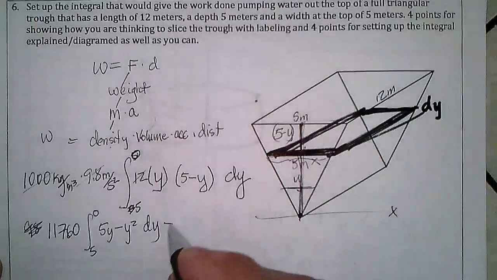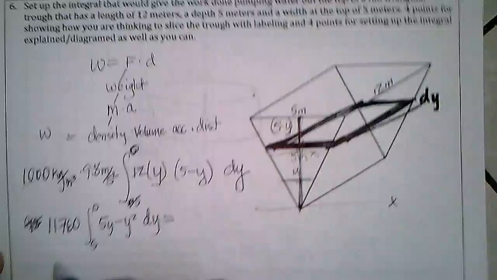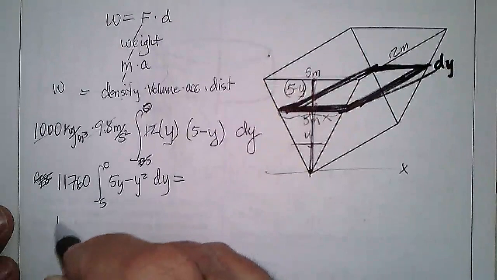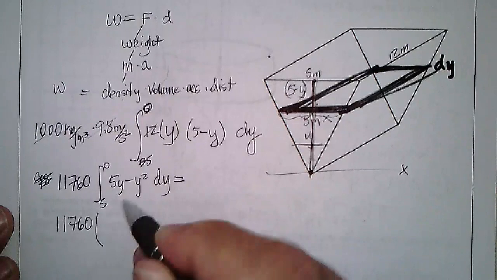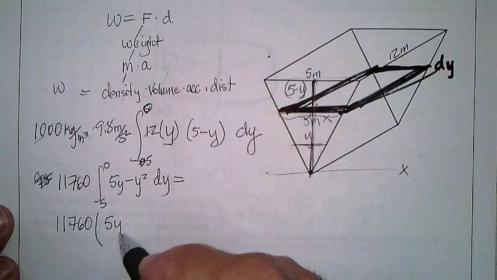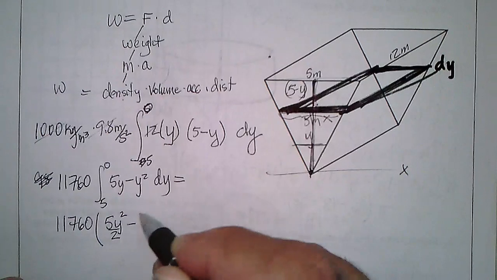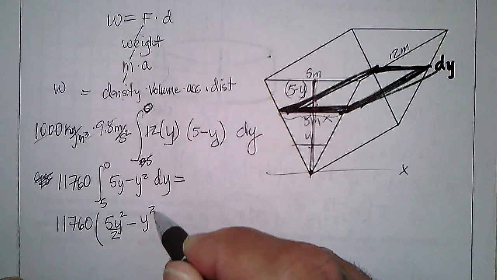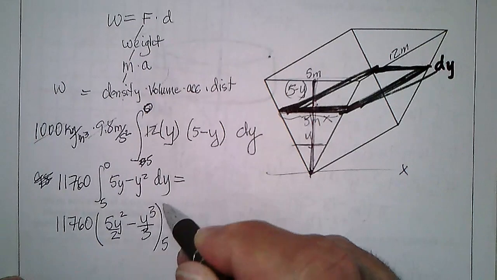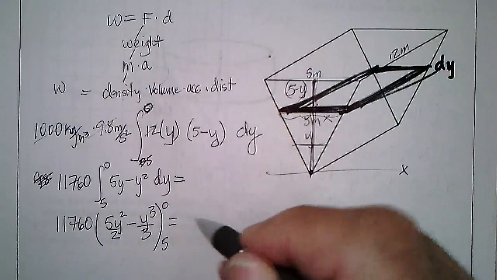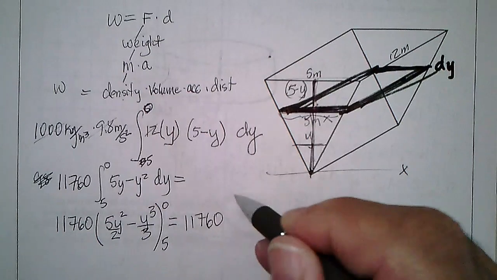So this is going to integrate to 11760 times 5y squared over 2 minus y cubed over 3 from 5 to 0, which is going to be 11760.